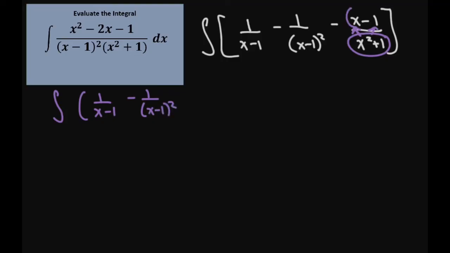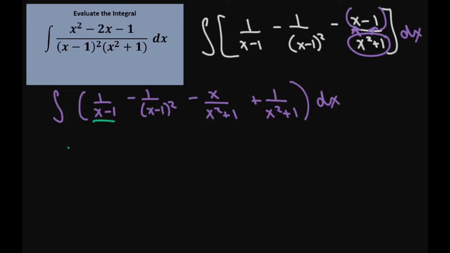Now this is minus like that, so it's going to be minus x divided by x squared plus 1, and then you're going to have plus 1 divided by x squared plus 1 dx. I should have put a dx here as well. All right, so this piece is pretty easy. That's just going to be ln of absolute value of x minus 1.